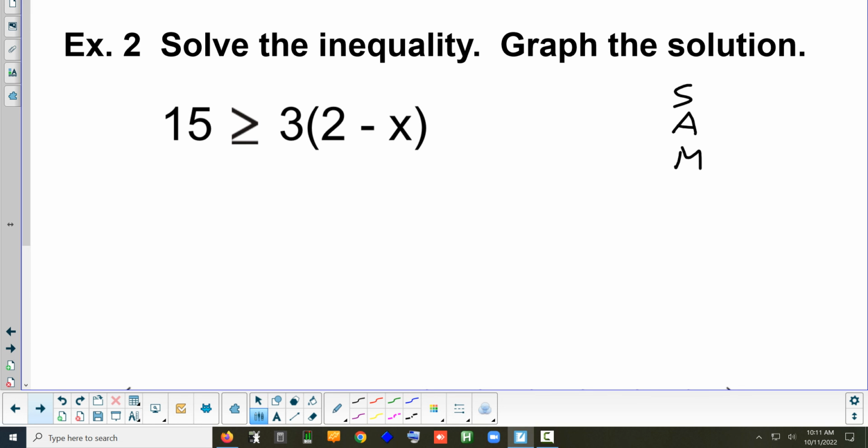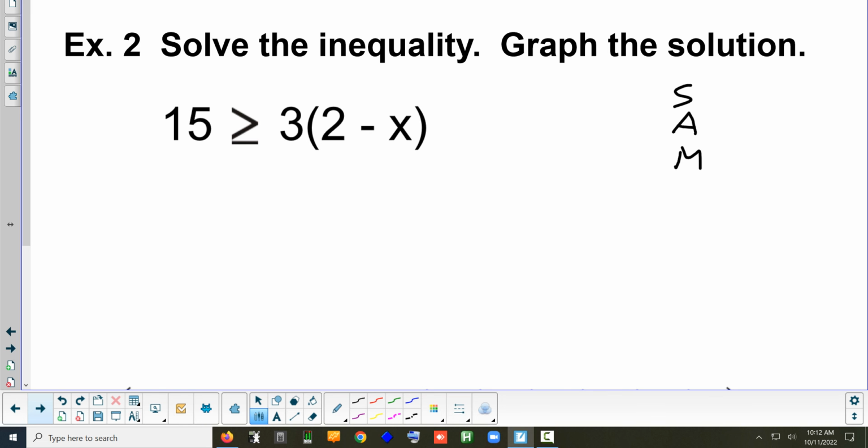So there's already one thing here I kind of don't like. I don't like that the x is on the right side, which means at the very end of the problem, I'm probably going to fix that. I could fix it right now if I wanted, but let's just leave the x where it is. We'll solve it, then we'll fix it.